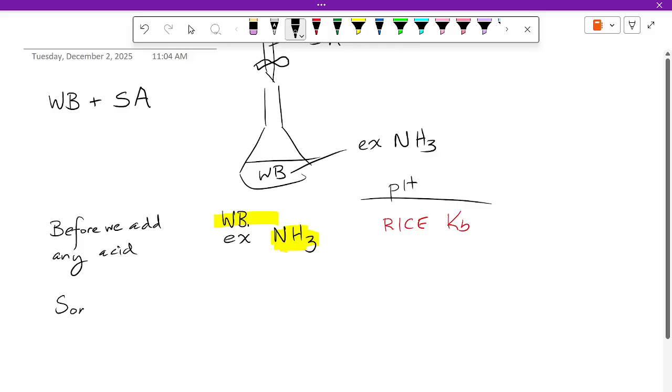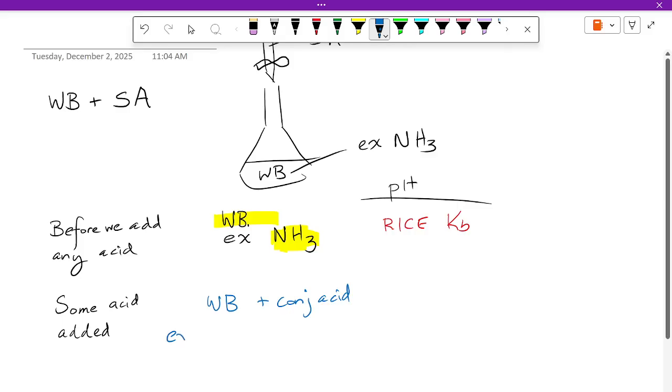If we have some acid added, what are the species that we have present? We have the weak base and we have its conjugate acid, right? So we're going to have weak base plus conjugate acid.